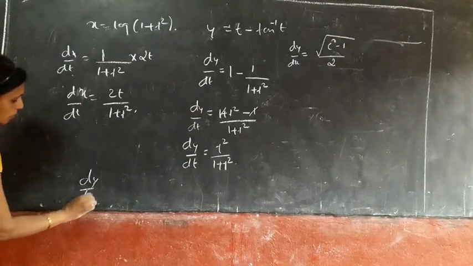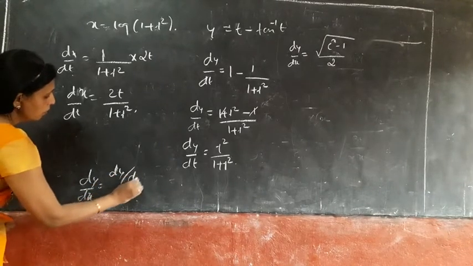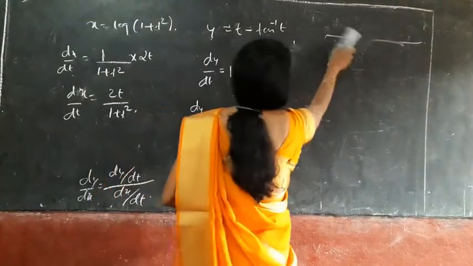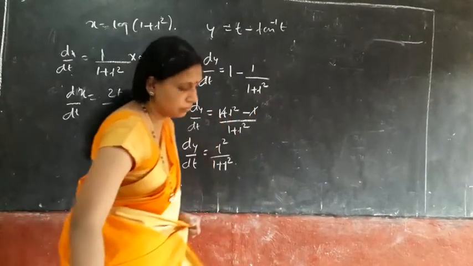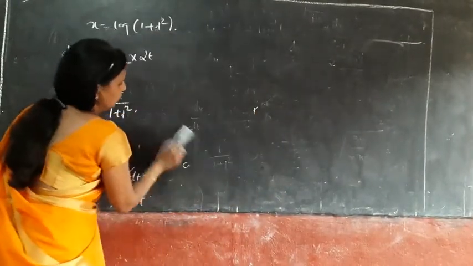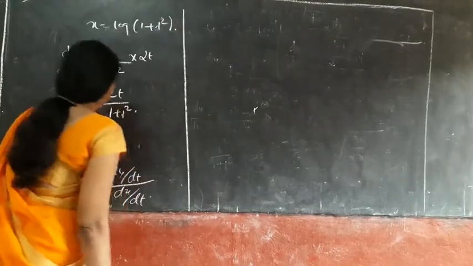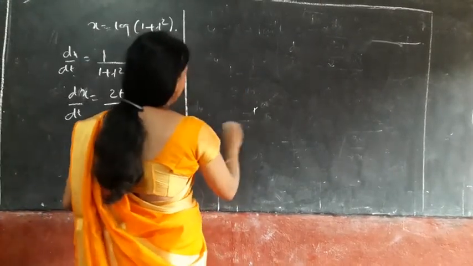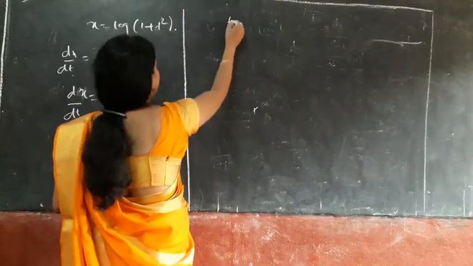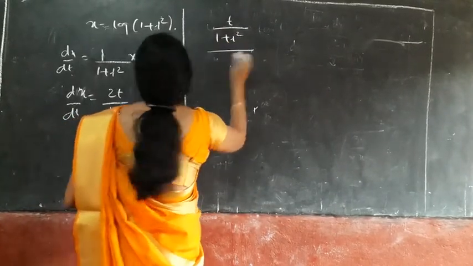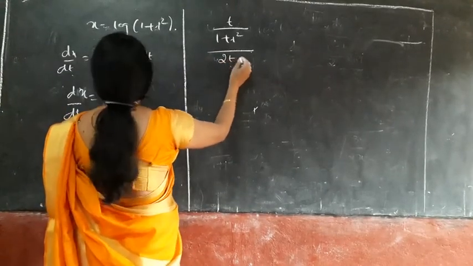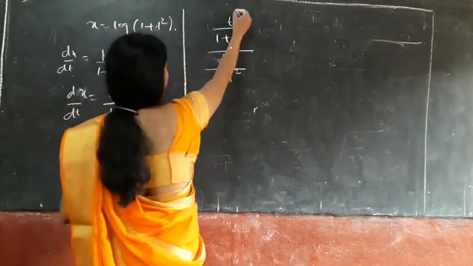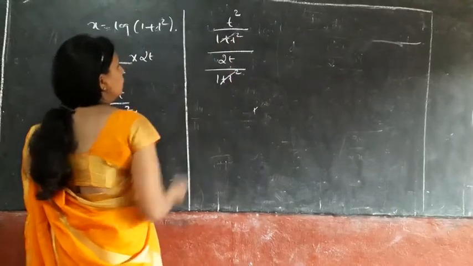Then use the theorem dy/dx equal to dy/dt divided by dx/dt. Now dy/dt is t² upon 1 + t², and dx/dt is 2t upon 1 + t². So t²/(1 + t²) divided by 2t/(1 + t²). The denominators get cancelled.